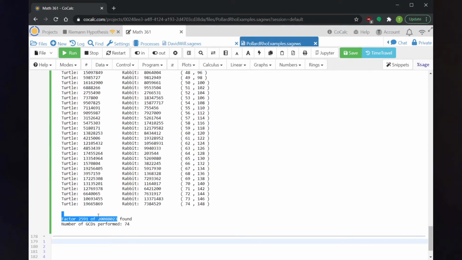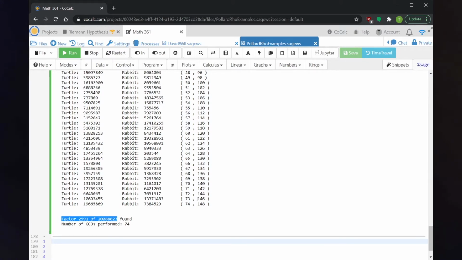We get a little summary here that shows us the number we factored and the factor that we found. It also tells us how many iterations we needed, which is the same as the number of GCDs we computed, and we computed 74 GCDs. Whenever you look at one of these little reports at the end of this algorithm, you should mentally think, okay, how many iterations would trial division have taken?